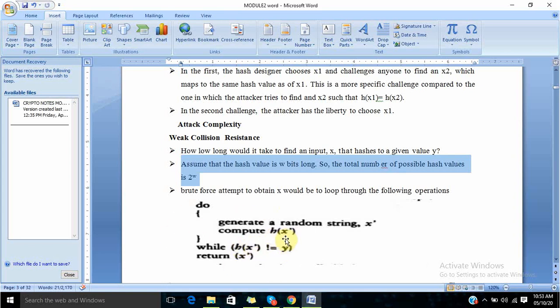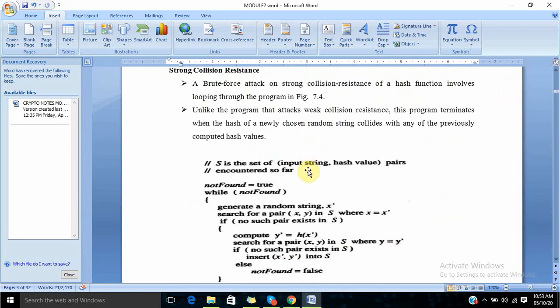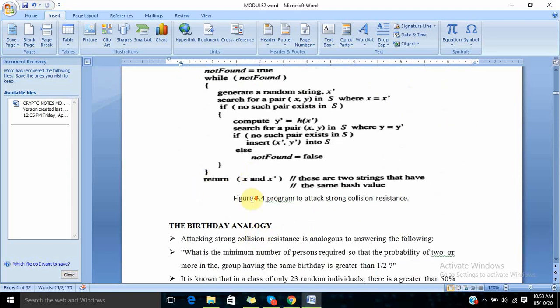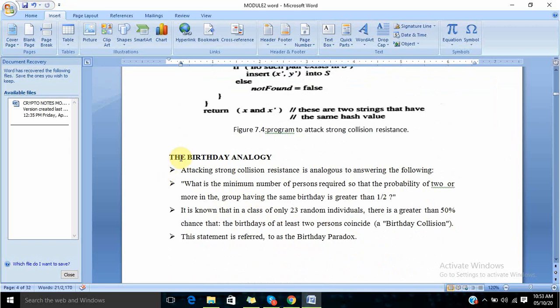When it becomes equal to y, it comes out of the loop and returns x'. It's as simple as that. That is what they are telling in weak collision resistance. And in strong collision resistance, students, obviously you need to find both values, so you can see two loops in this program.